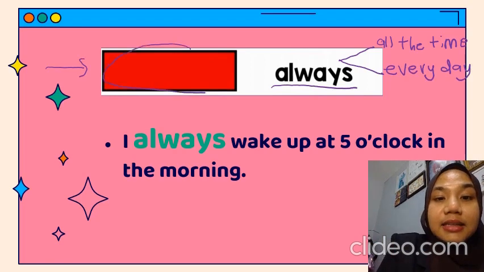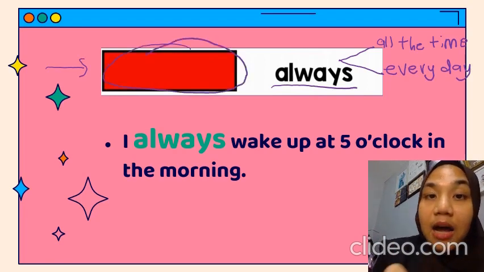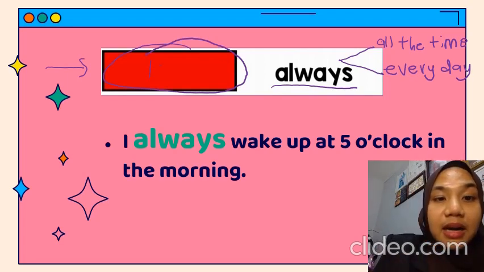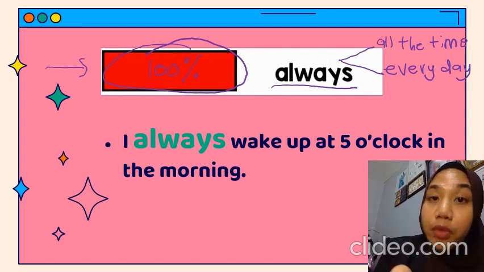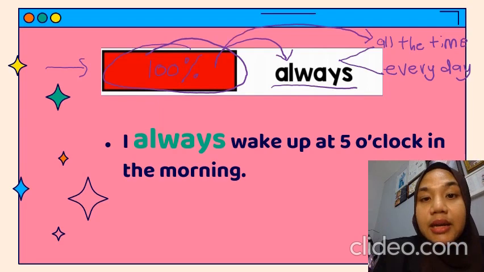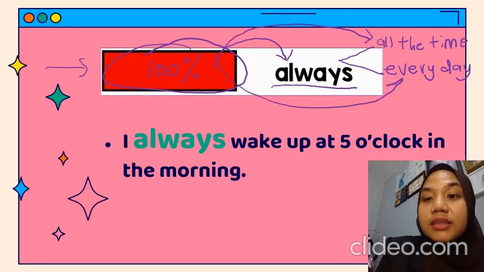The red color represents how often or how many times you do the action. This bar is 100% filled with red color, which means you always do this action, all the time, and every day.